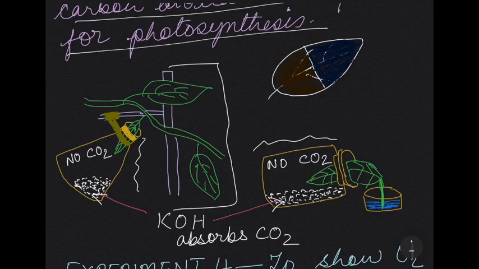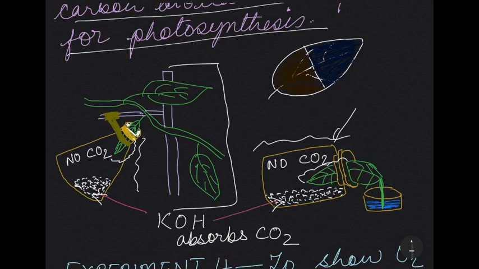So we take a cork and put it on inside the mouth of the conical flask, and through a small cut we insert a leaf halfway inside the conical flask or inside the bottle. So this portion of the leaf which is inside the conical flask or inside the bottle will not receive carbon dioxide.